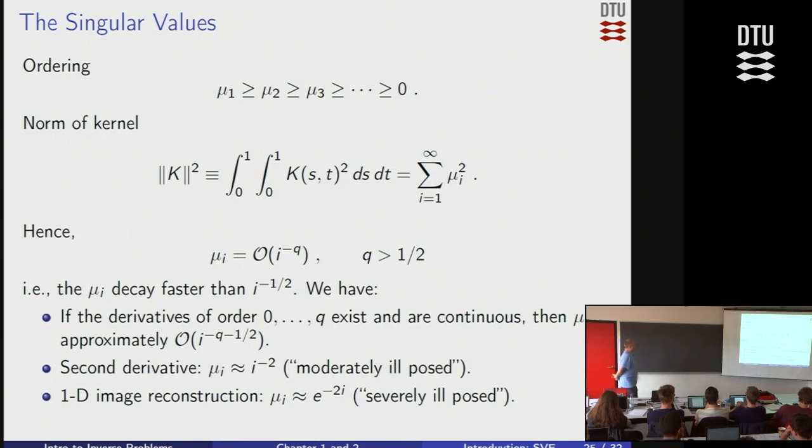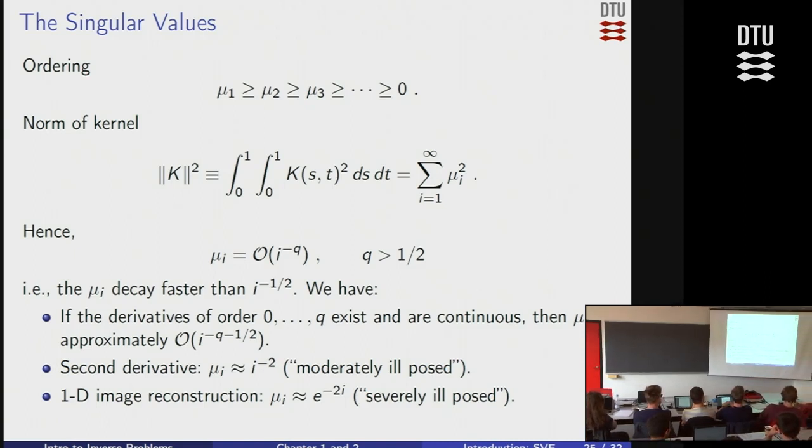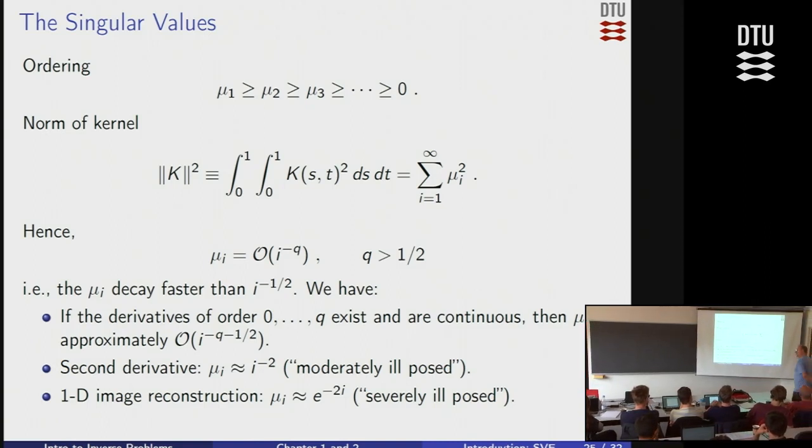Now, if your function k there is a reasonable function, it's not too crazy, then its norm on a finite interval is typically a finite number, right?